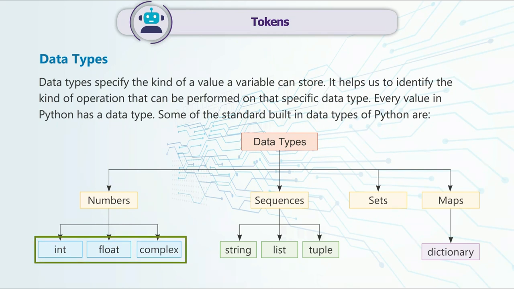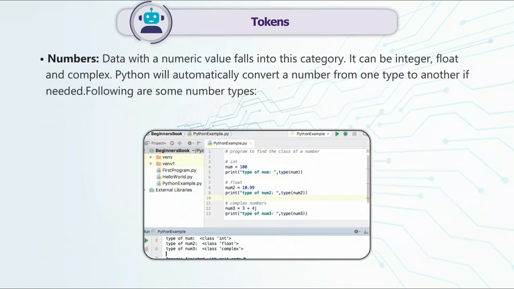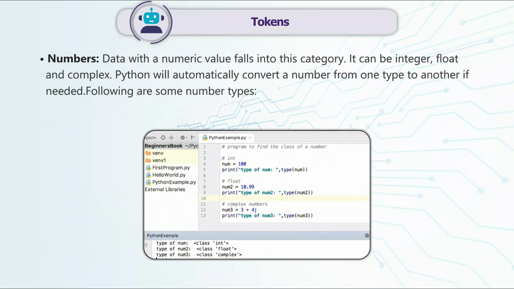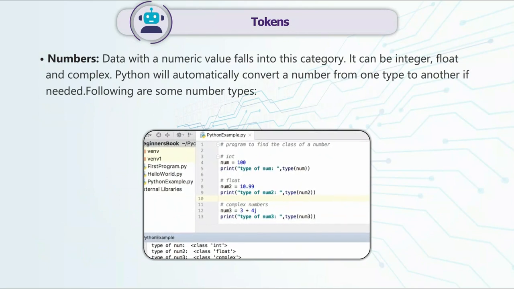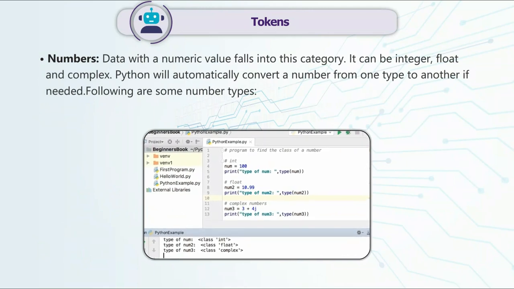Numbers: int, float, complex. Sequences: string, list, tuple. Maps: dictionary. Numbers. Data with a numeric value falls into this category. It can be integer, float, and complex.